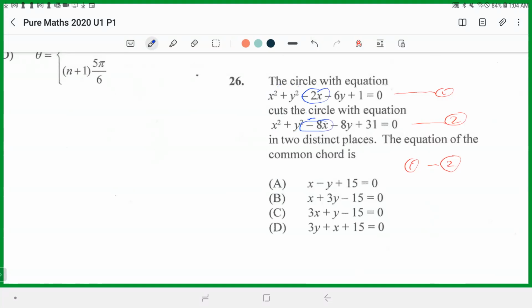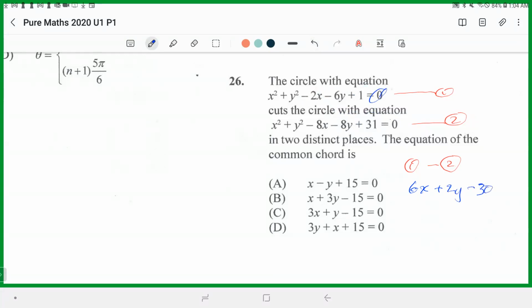Minus minus becomes a plus, so it really becomes 8 minus 2, which is 6x. And then you're going to have -6y minus -8y. Again minus minus makes it a plus, so 8y minus 6y is 2y. You get plus 2y. And then 1 minus 31 is -30.